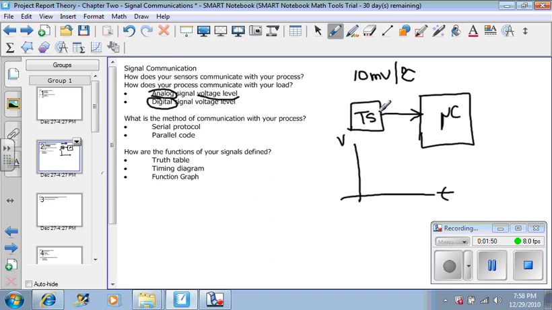I indicated that in the general section, which means that if the temperature was 25 degrees, then it will output 250 millivolts at 25 degrees.